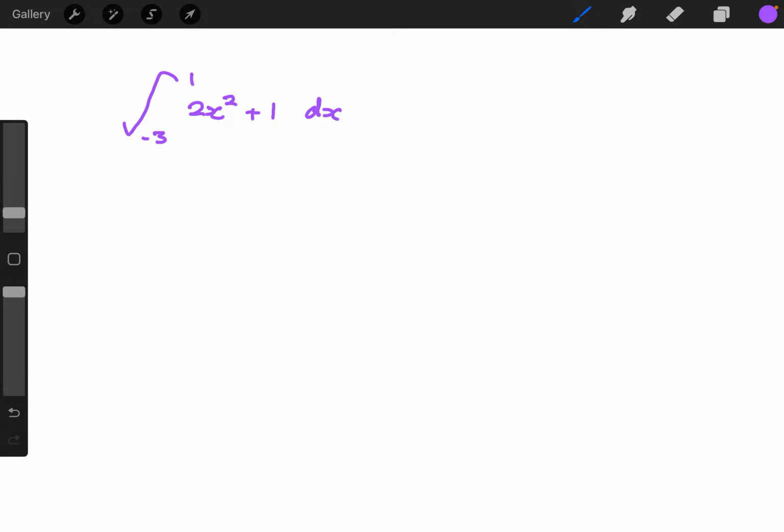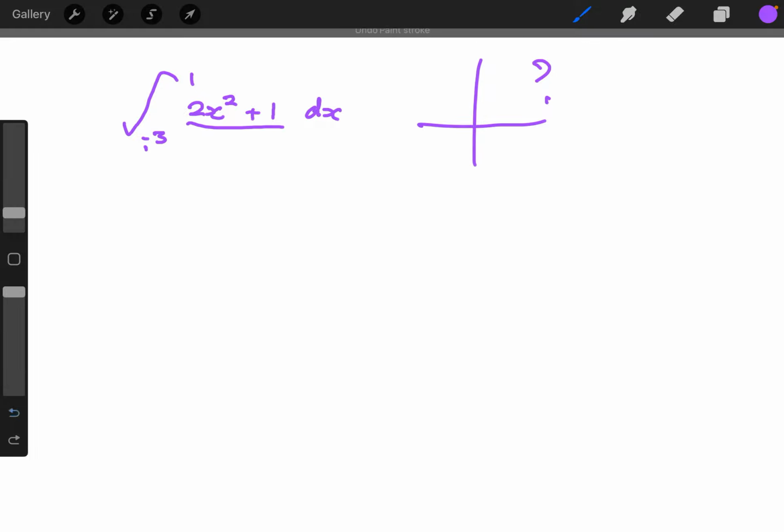So we have no clue what this graph looks like. I don't know what it looks like in my head. Maybe you do. So we want to find the area between -3 and 1, the area under the curve of this function between -3 and 1.